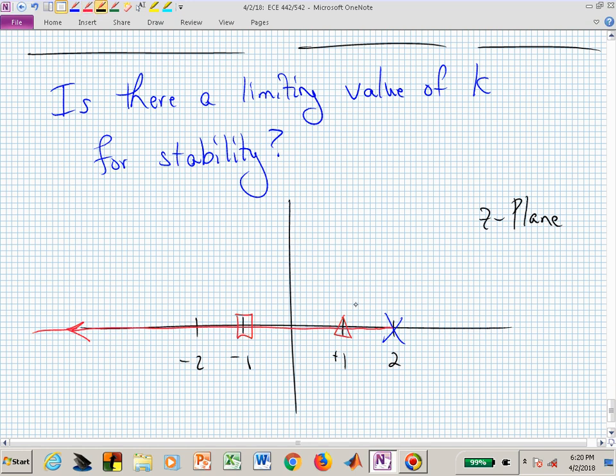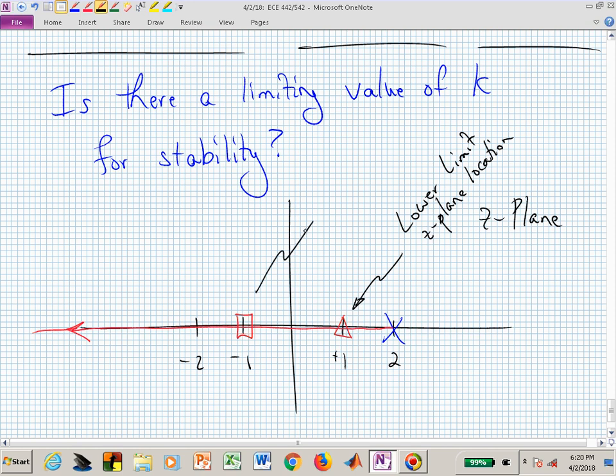So I will say that this location, the triangle location, is the lower limit for the z-plane location, because that gets us right on the boundary of stability, right to the unit circle.